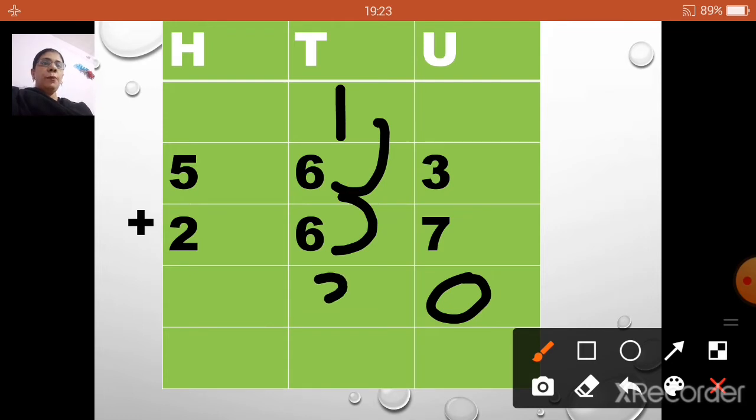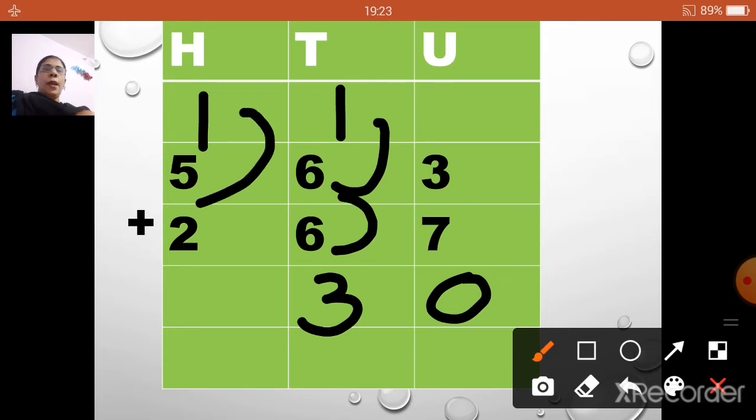For 13, I write 3 and again carry over 1. Now 5 plus 1 will be 6. To that 6, if I add this 2, my answer will be 8. 563 plus 267, the answer is 830.